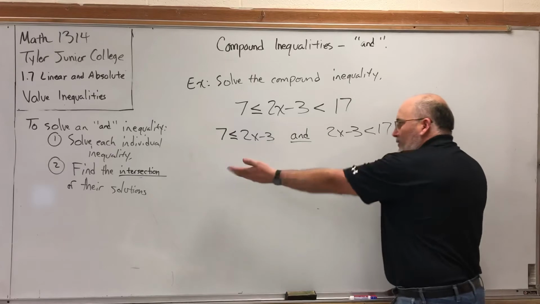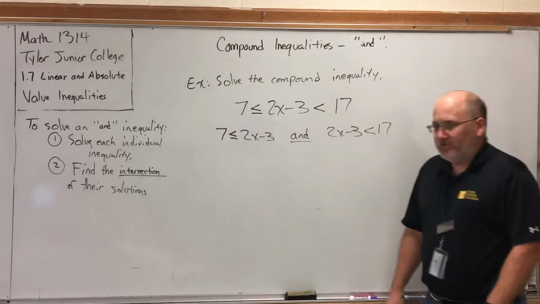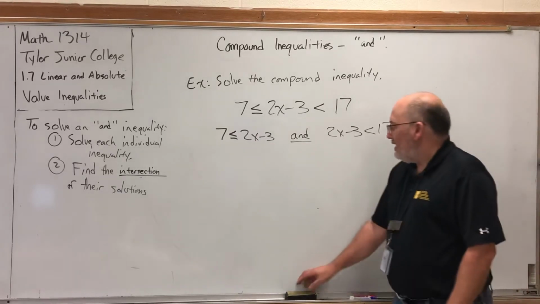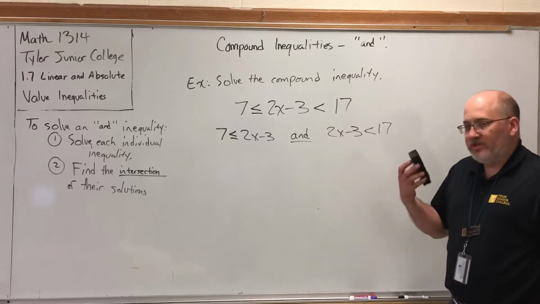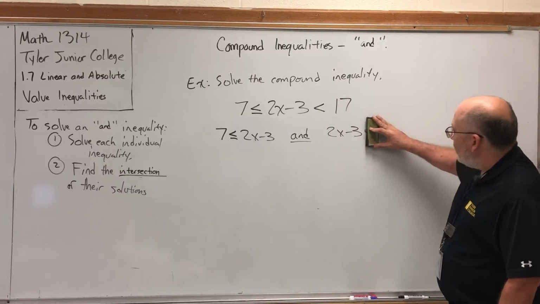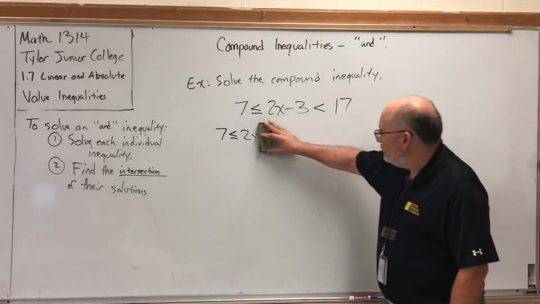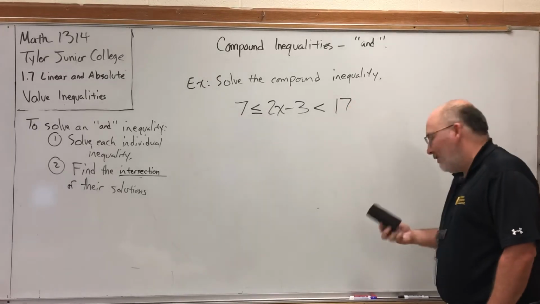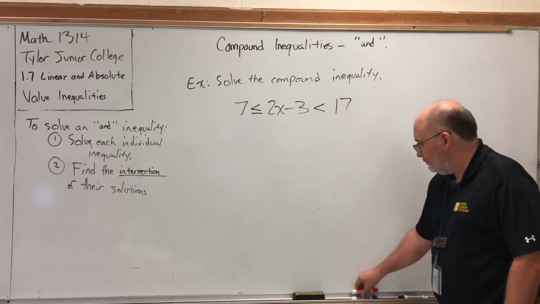I would add 3 to both sides, then I would divide both sides by 2. If I'm going to solve both of these using the exact same moves, there's really no reason I needed to take them apart in the first place. I can just solve them simultaneously.